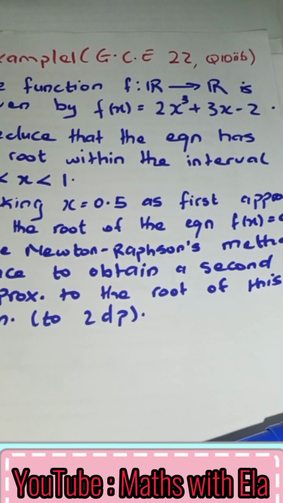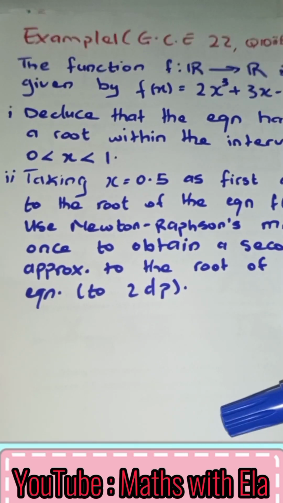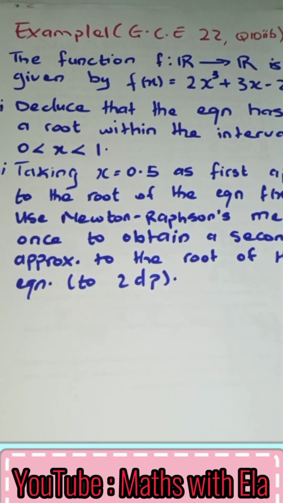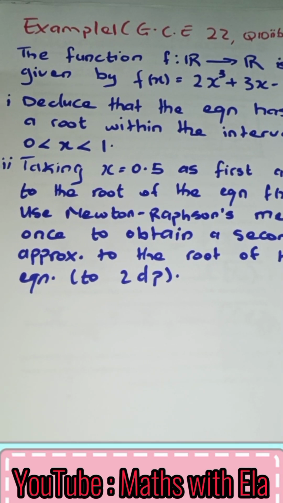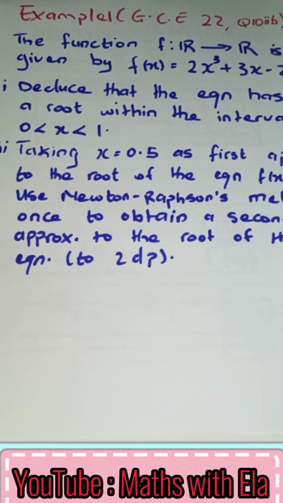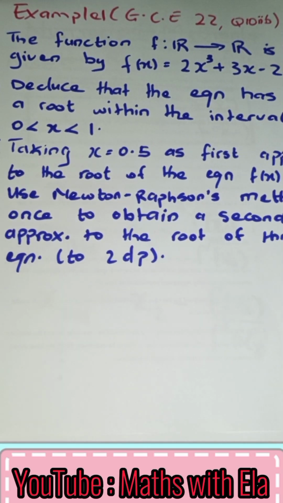Here we have the first example, example 1, which I should mention is a GCE question, GCE 2022 question 10, Roman 2, and the B section says, suppose we are given a function f such that R maps onto R, defined by f(x) = 2x cubed plus 3x minus 2.